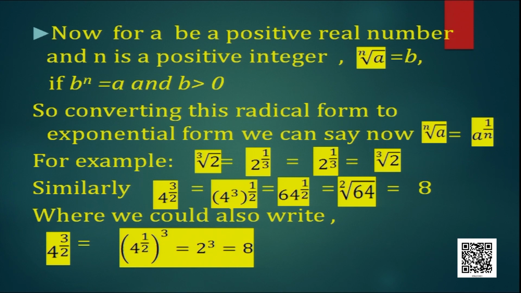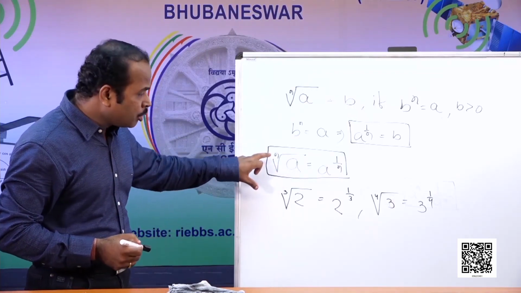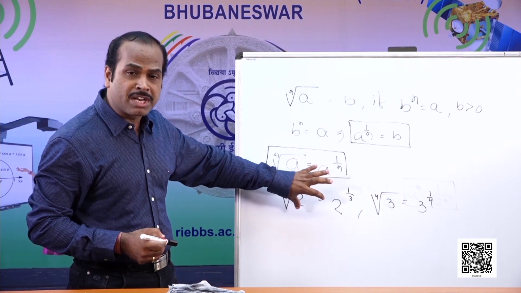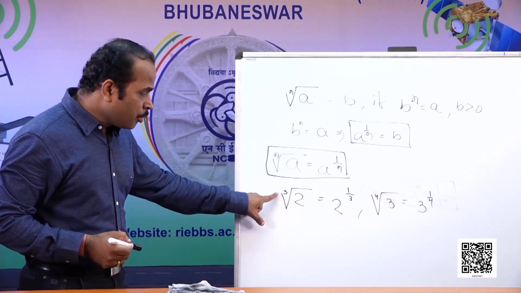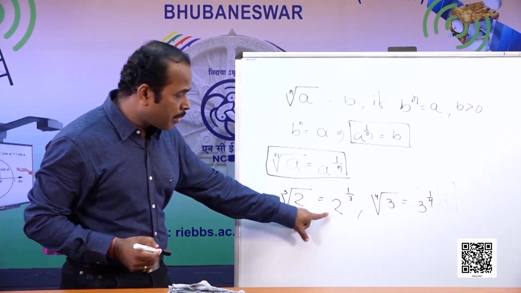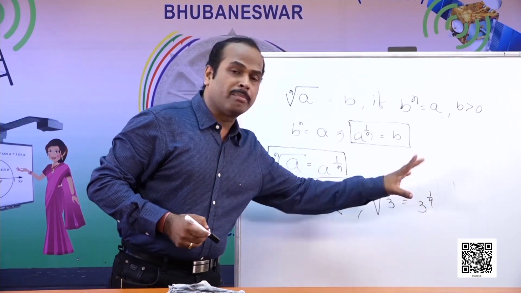So this is the expression. If I write the nth root of a, then it can be changed into exponential form as a to the power 1 by n. So the cube root of 2 is written as 2 to the power 1 by 3. The fourth root of 3 is written as 3 to the power 1 by 4.